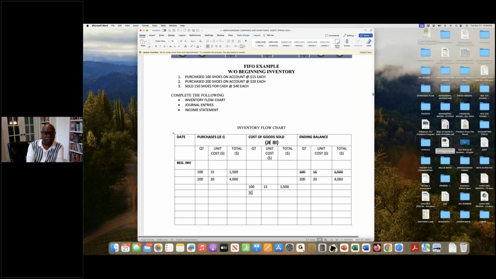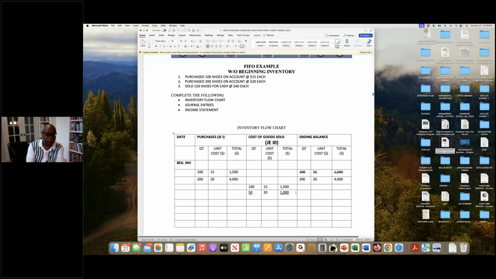So we're going to get 50. They're in there at 20, and 50 times 20 is going to be 1,000. We add these two numbers together, and our cost of goods sold is going to be 2,500. Notice what we did: when we purchased the shoes, we put them here and in the ending balance.